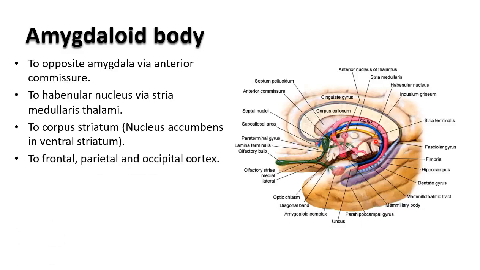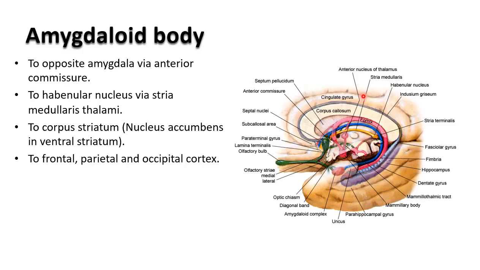Okay. Then to the neocortex, mainly to the frontal, parietal and occipital cortex. And here we should not forget its connections to the cingulum. So to the cingulate gyrus also it sends fibers. These are called the cortical connections.